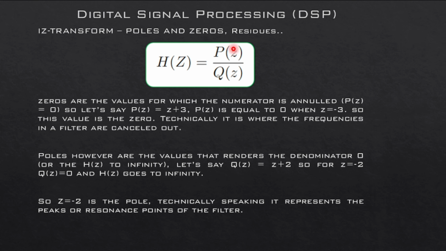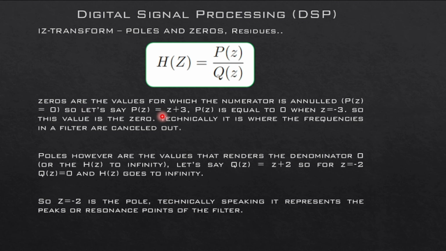Of course, P(z) and Q(z) are actual complex functions. Zeros are the values for which the numerator is annulled. So for which values P(z) becomes 0, that's what we call the zeros.